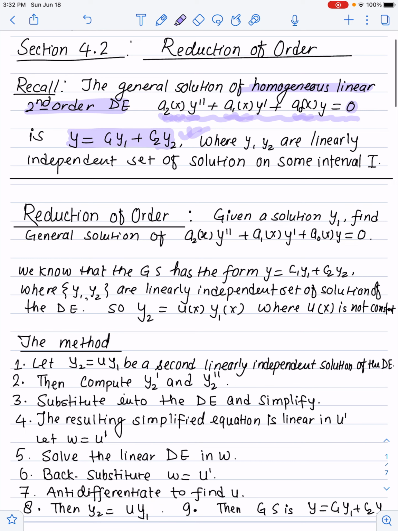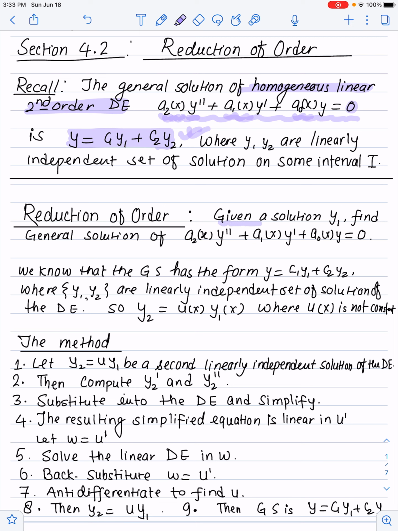So reduction of order. Basically we will solve a second order homogeneous linear ordinary differential equation if one solution is given.